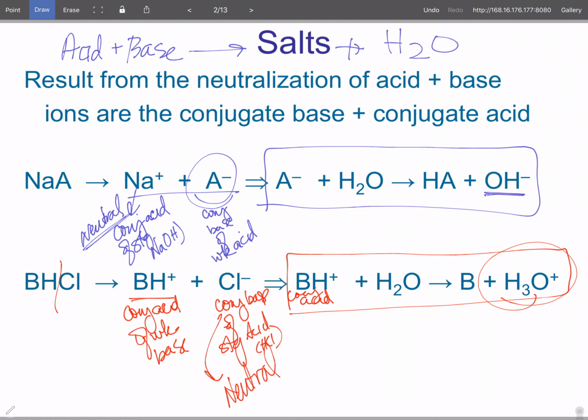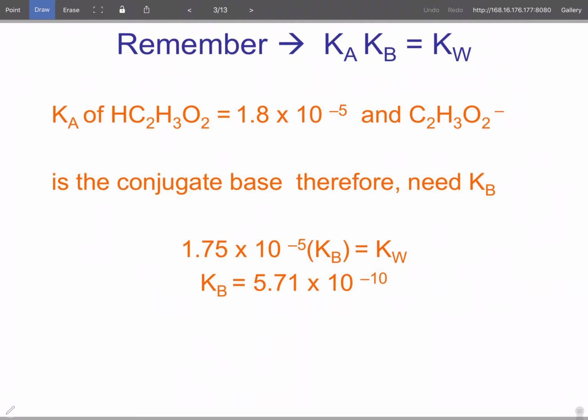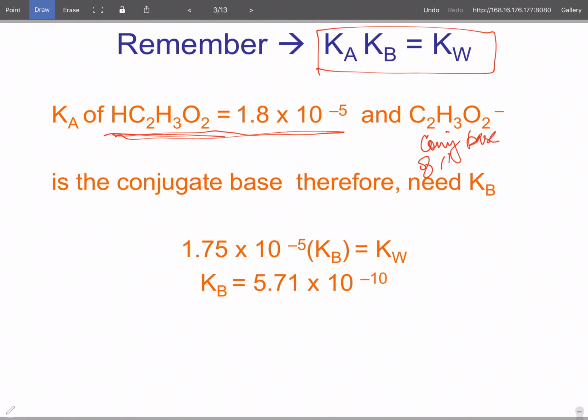The only salts that are neutral are the ones that result from a strong and a strong. So we're going to have to look at those in more detail. So how do we do this? Well, remember that Ka times Kb is equal to Kw. If this is acetic acid and there's its Ka, this would be the conjugate base of acetic acid.